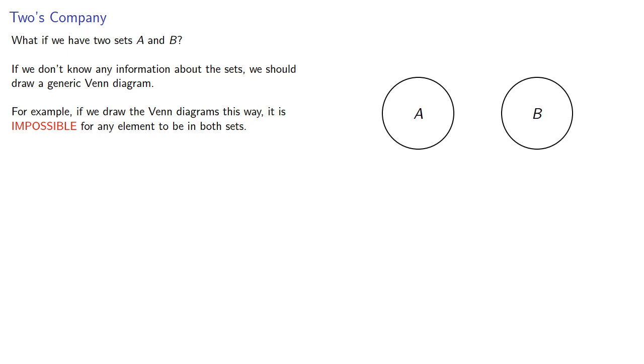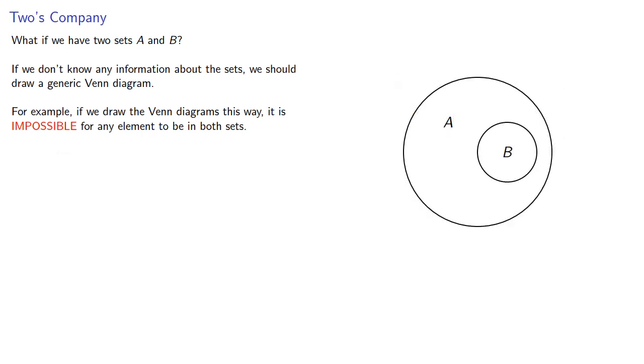What if we have two sets, A and B? Now, if we don't know any information about the sets, we should draw a generic Venn diagram. For example, if we draw the Venn diagrams this way, it is impossible for any element to be in both sets. But we don't know that, so we don't want to draw it this way.